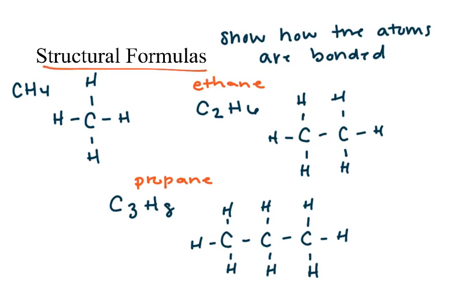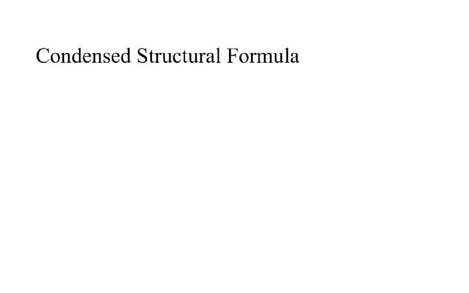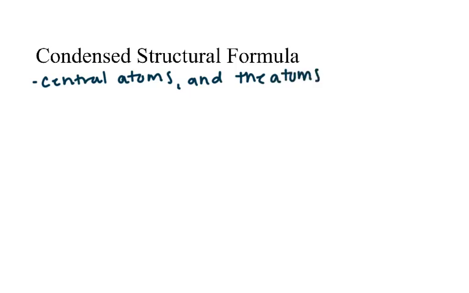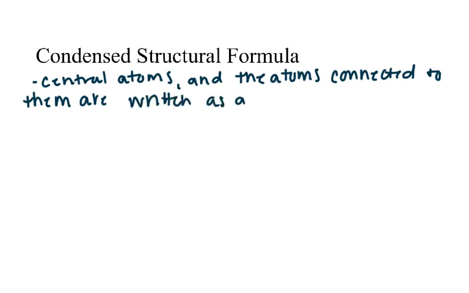Now we're going to look at our condensed structural formulas. Sorry, a little tongue-tied this morning. So our condensed structural formulas: our central atoms and the atoms connected to them are written as a group to represent the structural formula.